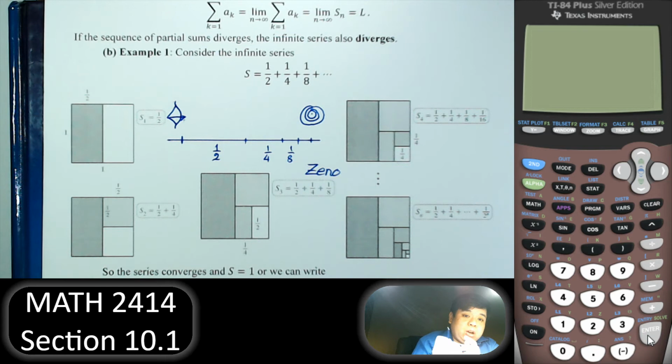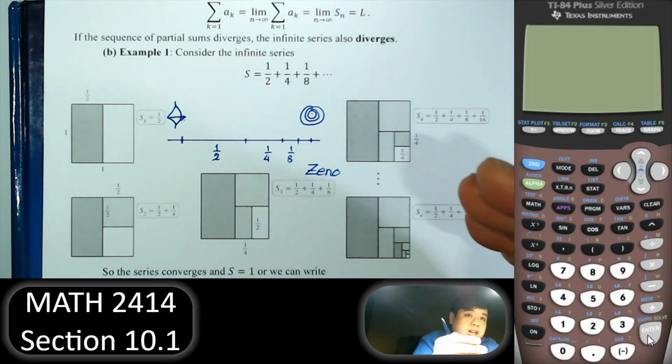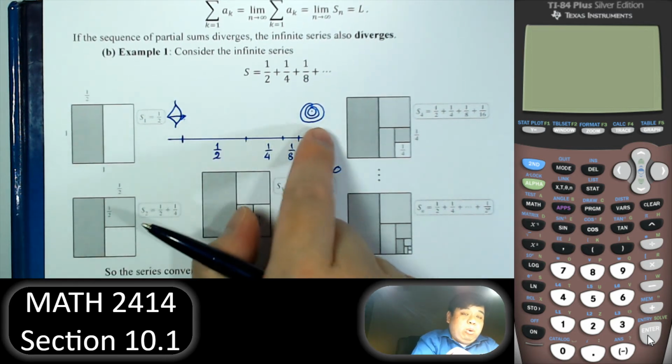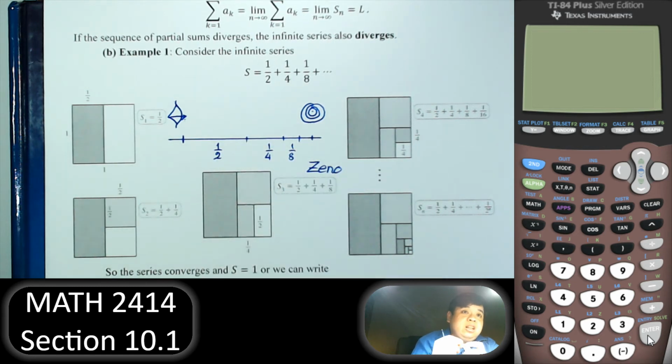He reasoned that no matter how small that number is, the arrow will never hit the target because we can always divide the distance by 2. But of course we know it's not true, right?